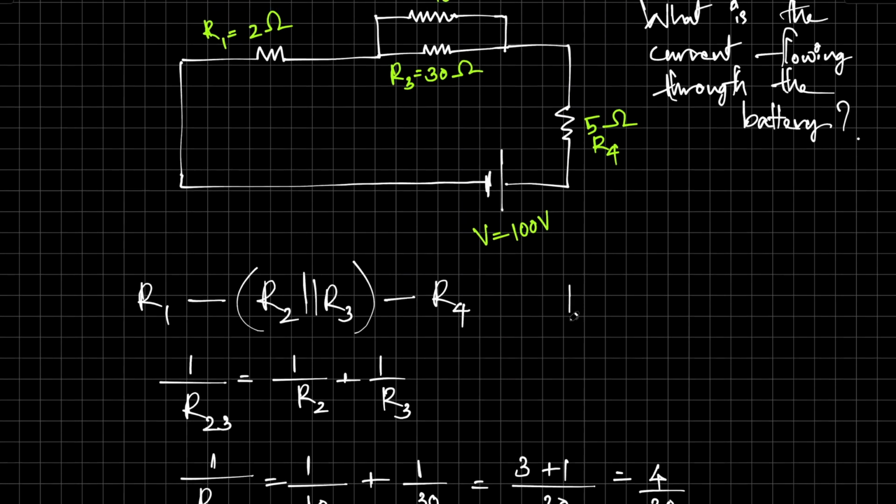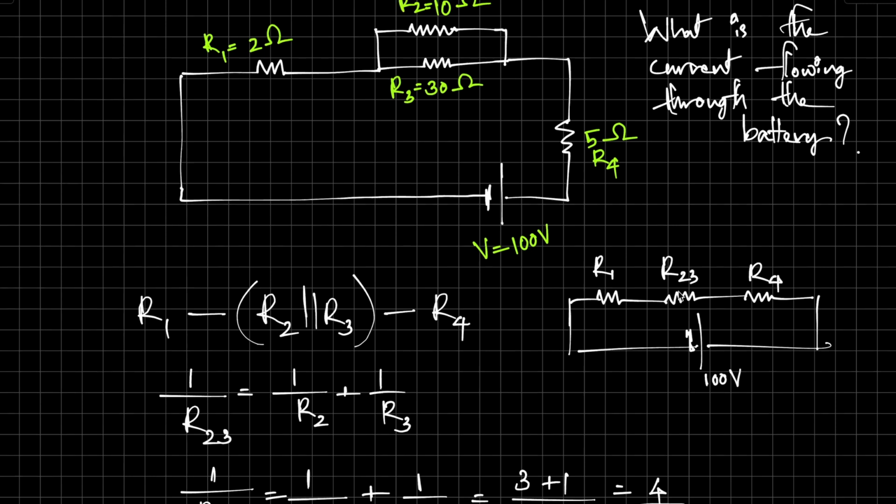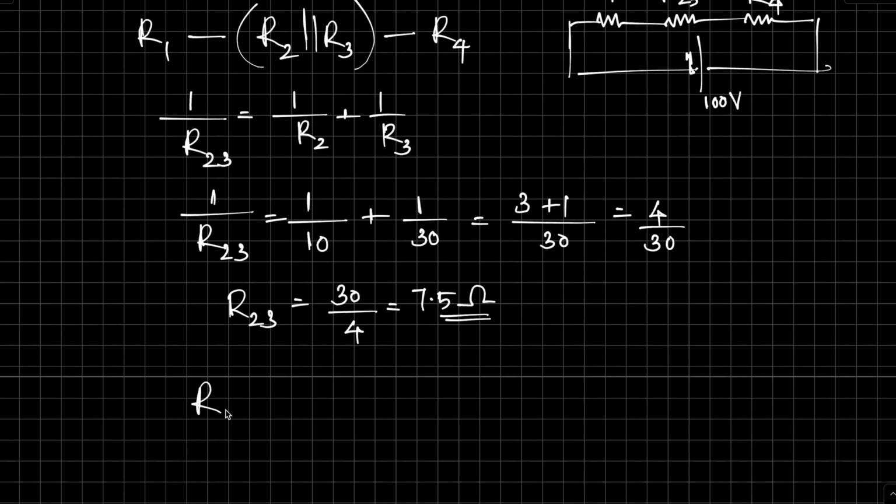I'm going to draw the new circuit. This is R1. I'm replacing R2 and R3 with a single resistor R23, and we have R4 connected across a 100 volt battery. R1, R23 and R4 are connected in series, so their equivalent resistance, that is Req, is equal to R1 plus R23 plus R4.